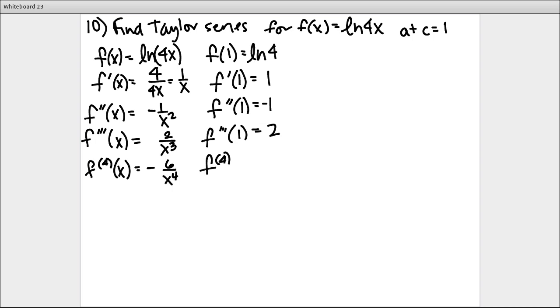And that would be a negative 6 over x to the 4th. I'm obviously not showing those. Hopefully you remember how to take the derivatives. Just change the 1 over x to an x to the negative 1, right? And do pop and drop. Change this negative 1 over x squared to a negative x to the negative 2 power, and then do pop and drop. So evaluating that at 1, you'll get a negative 6.